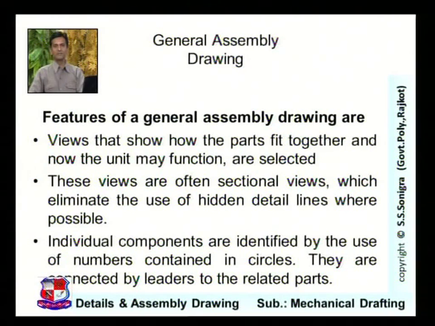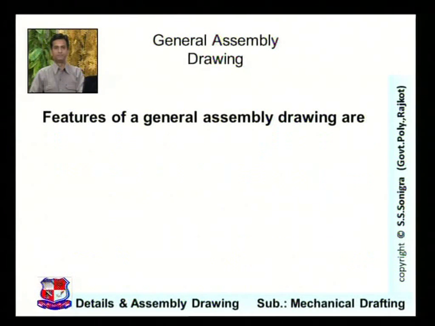Individual components are identified by numbers contained in a circle. Balloons are used. They are connected by leaders to the related parts, and sequence numbers are given 1, 2, 3 onwards, and those sequence numbers are represented in the bill of material as well.